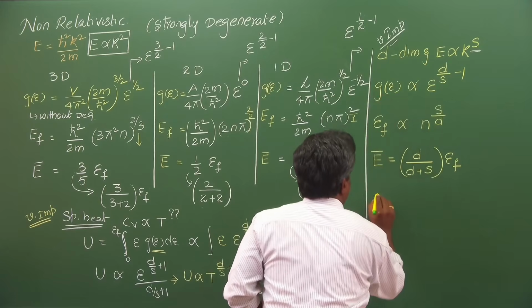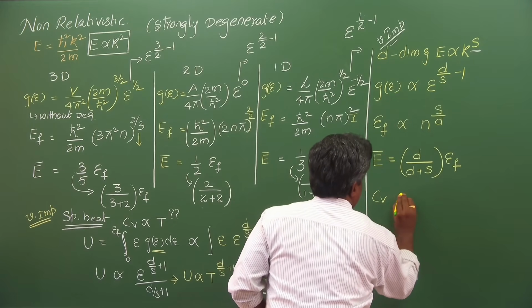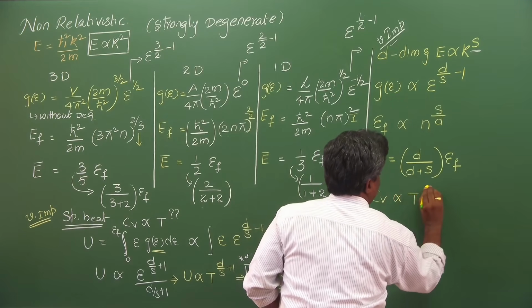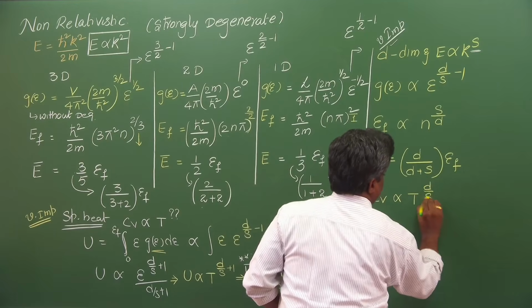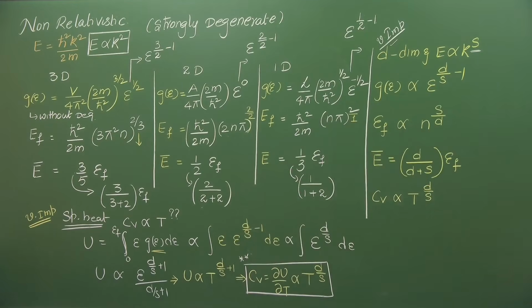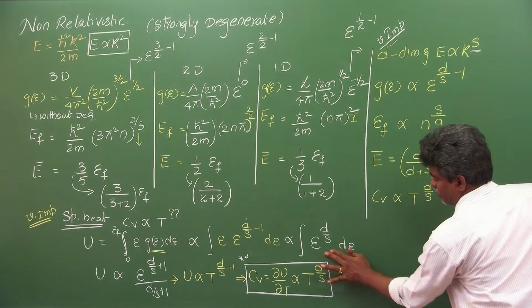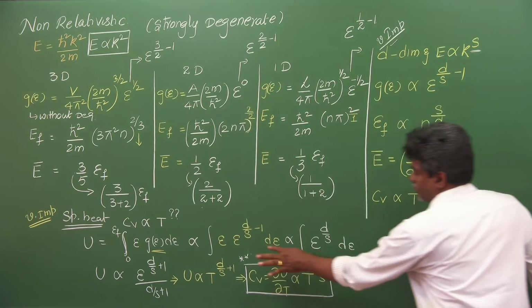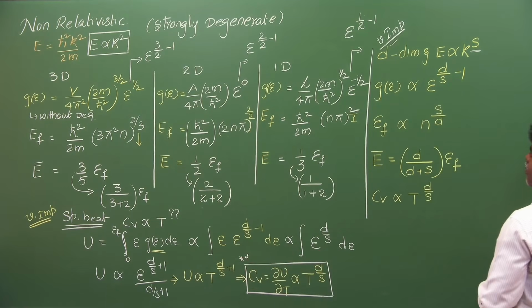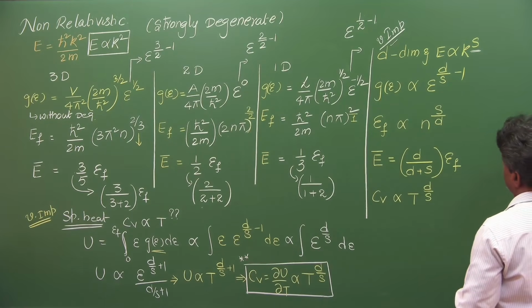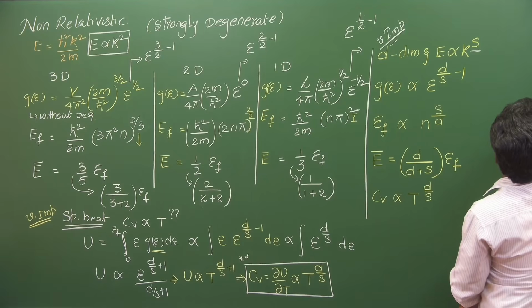If you have written the table form, please add that C_V is proportional to T power d by s. Now get ready with the problems.